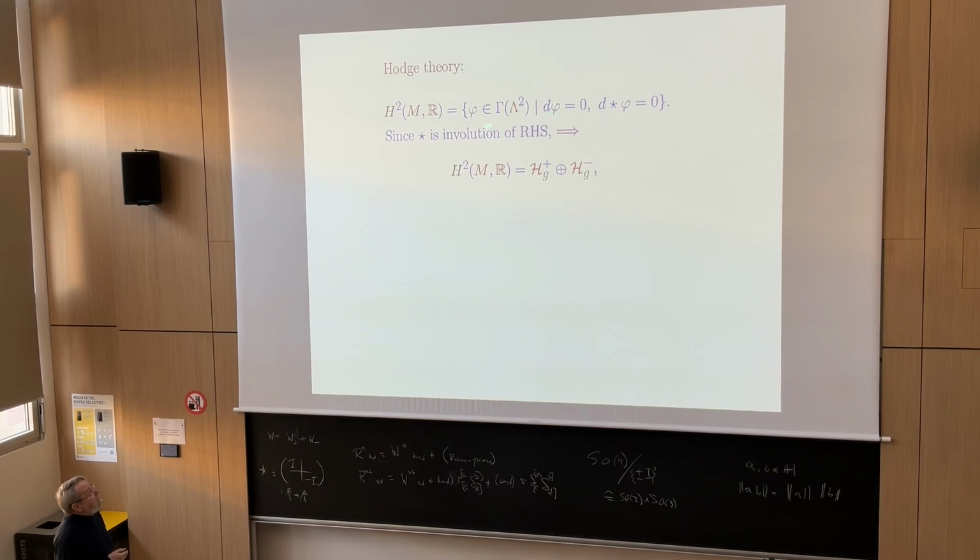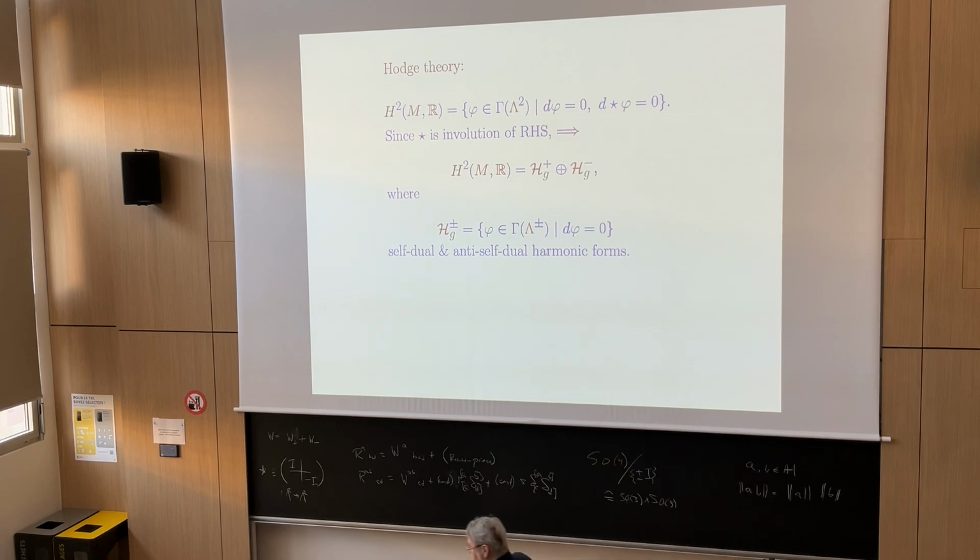So that sends harmonic forms to harmonic forms, and that has square 1, so you can decompose the second cohomology as a sum of the de Rham classes of self-dual harmonic forms and anti-self-dual harmonic forms.